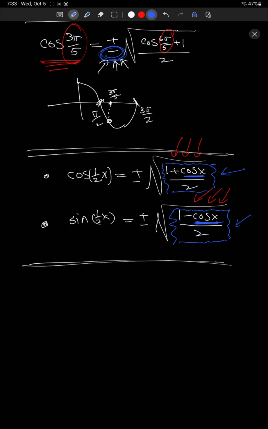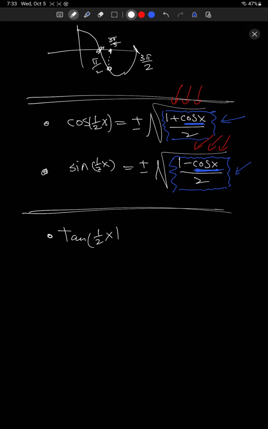All right, what about tangent? Well, I don't really care, because the identity for tangent, you almost never use it. You almost never really see it. So in a way, who cares? But if you really did care, you could just use sine over cosine, if you really needed it.